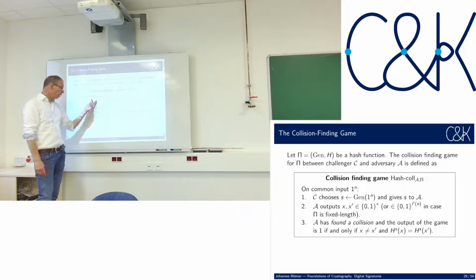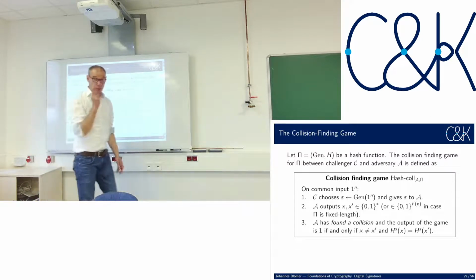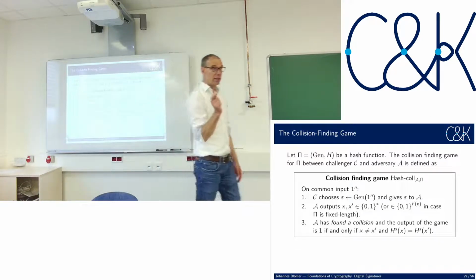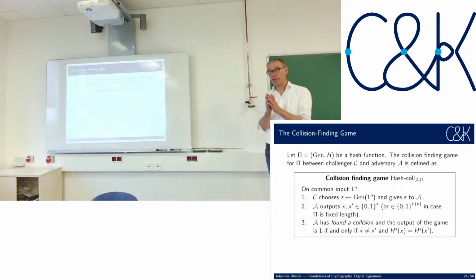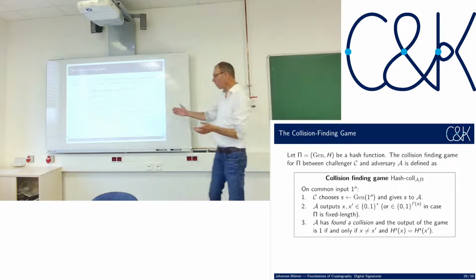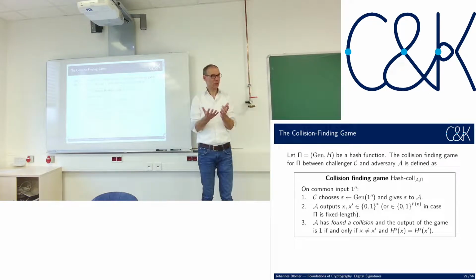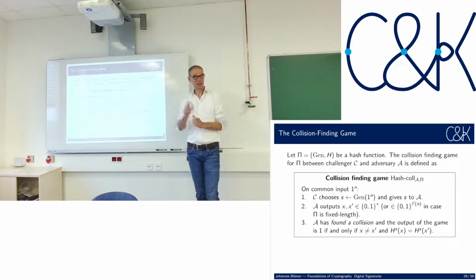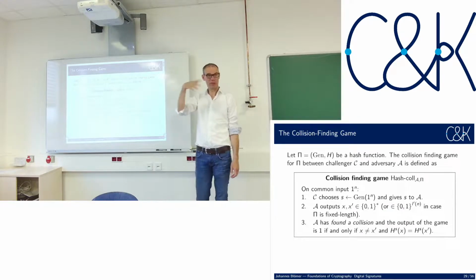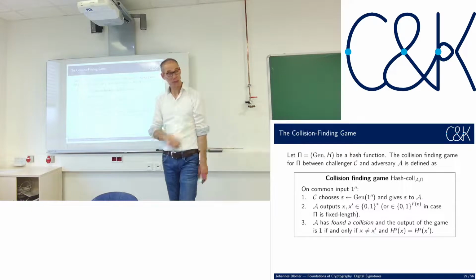But it's important to notice the adversary gets the key. So the thing that we have to construct is not based on anything that's secret. It's based on the mathematical complexity of the function itself, or the function family. For each s, we have a function, so it's really more like a function family.